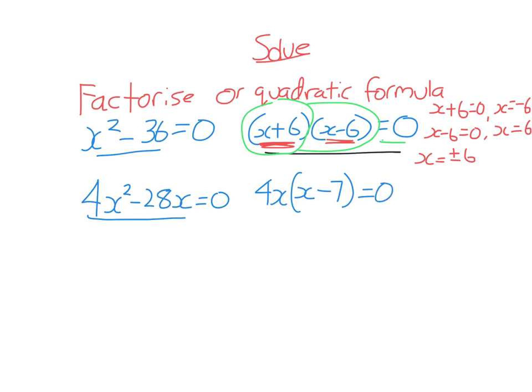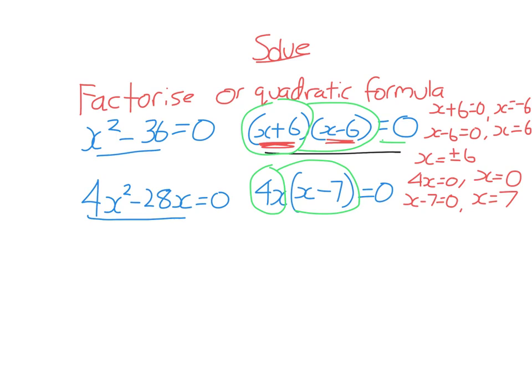So we use the null factor law, either the first thing or the second thing equals 0. If 4x equals 0, you're saying 4 times a number equals 0, then x equals 0. x equals 0 is one solution, or the second bracket equals 0. If x minus 7 equals 0, x equals 7. So the two solutions here are x equals 0 and x equals 7.